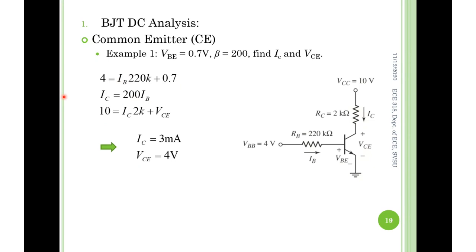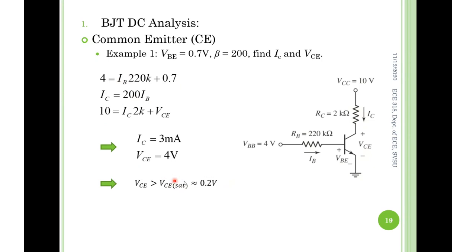So here we go. Of course, don't forget the very last step is checking. And as I said, VCE saturation voltage is a very small voltage.